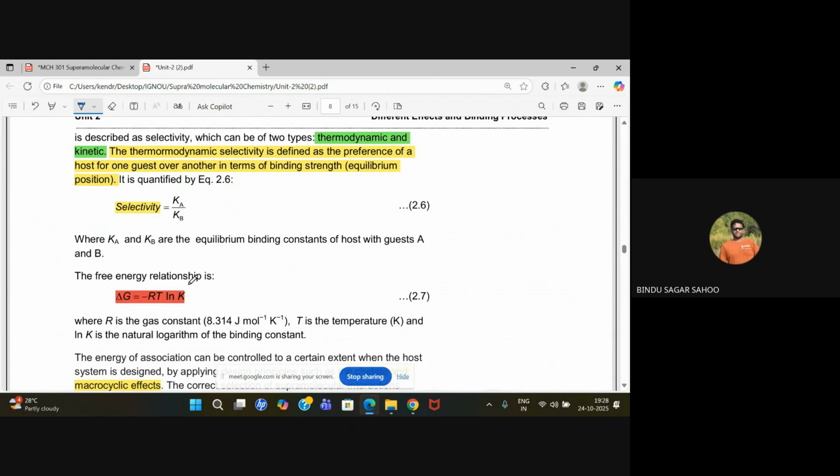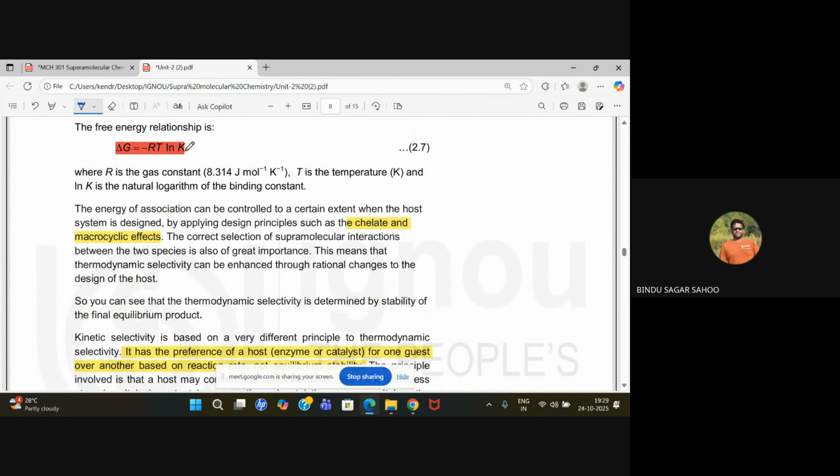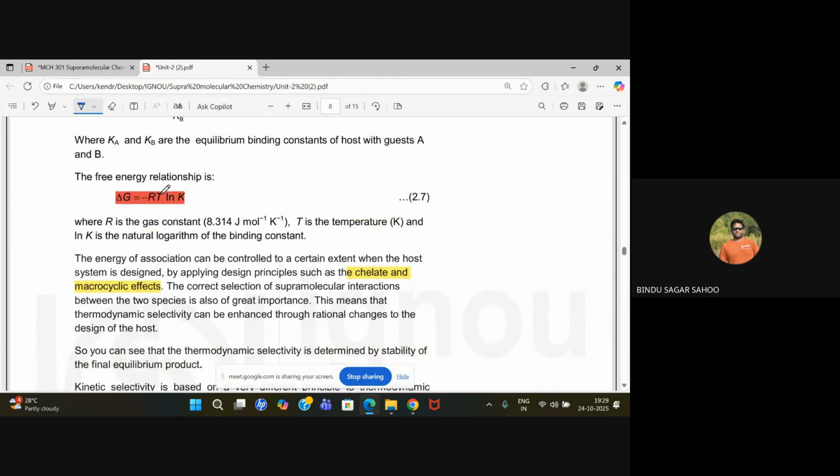If the K value is larger, then the minus RT ln K part is more negative, so the del G value will be more negative. If del G is more negative, the reaction will be more feasible. So for good thermodynamic stability, we need a high equilibrium constant value, or a more negative del G value. Here R is the gas constant, and T is the temperature.